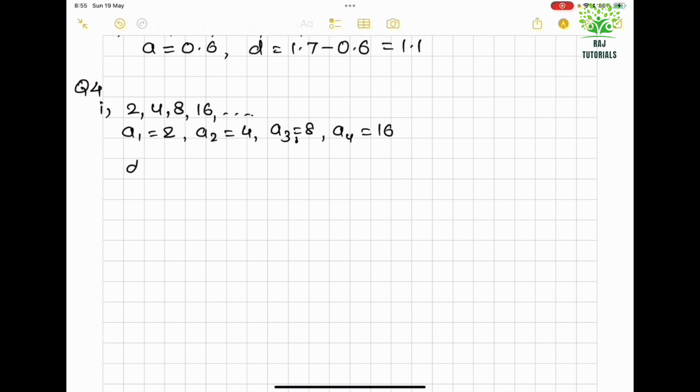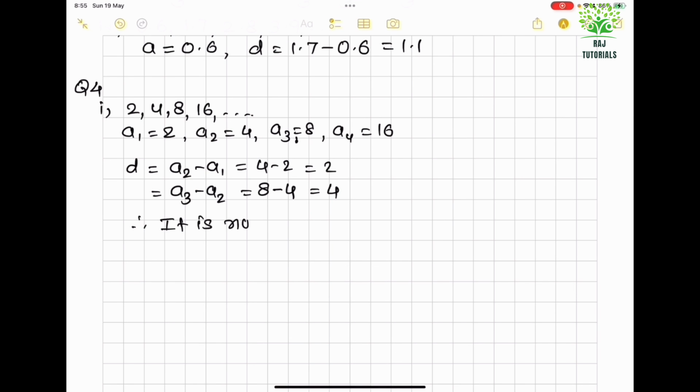So if I find common difference, D equal to A2 minus A1, that is 4 minus 2, 2. A3 minus A2, 8 minus 4, so that is 4. So see, difference is not coming same. So here only I can say, therefore it is not an AP. If it is not AP, I don't need to find A and D. But if it is an AP, I need to find that.